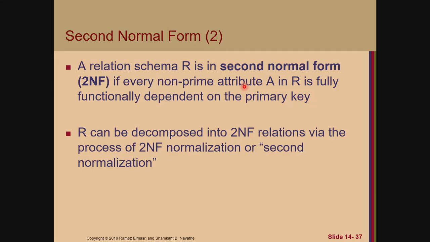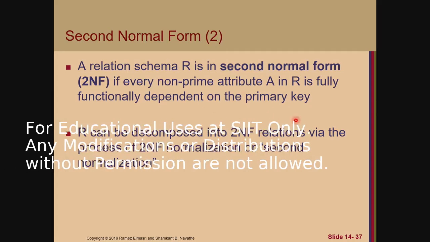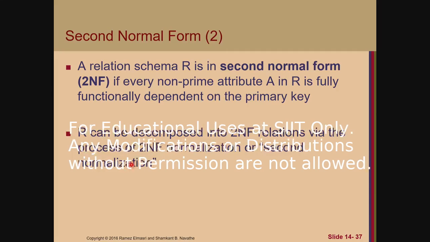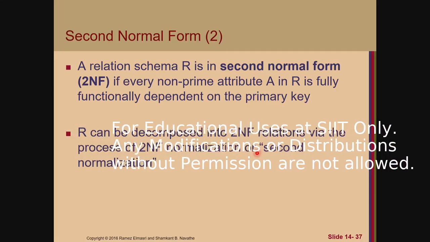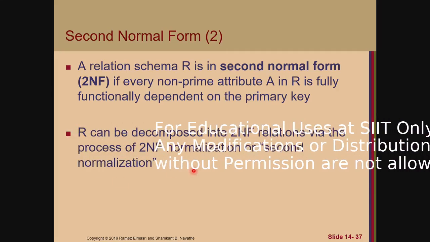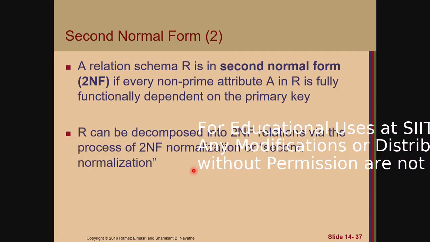They must be fully functionally dependent on the set of the primary key. R can be decomposed into second normal form relations via the process of second normalization. Okay, just separate the functions.